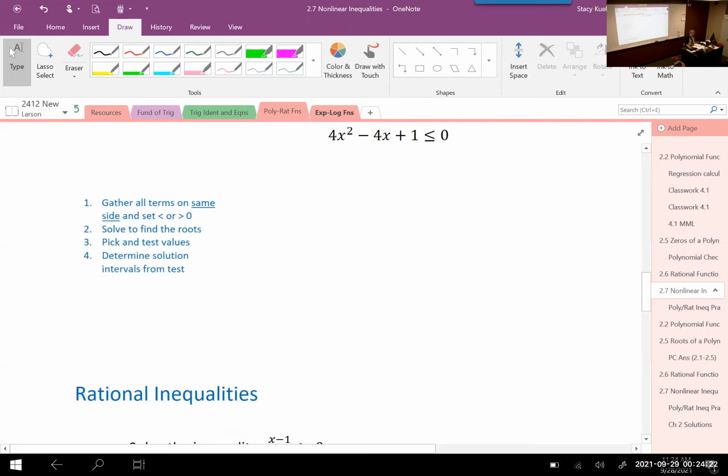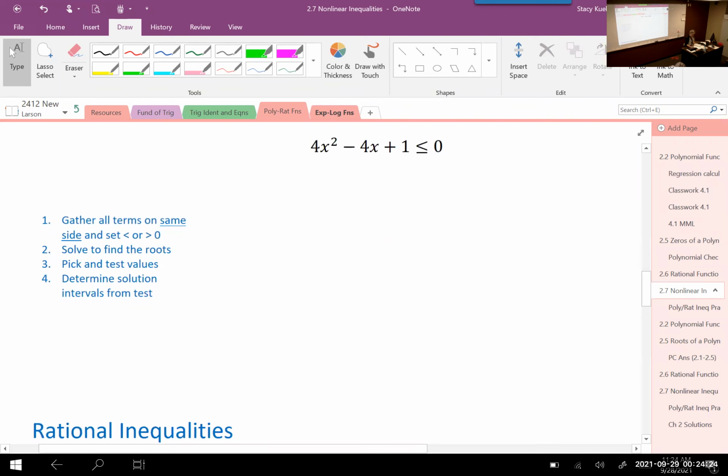Change this, however. Change this to be just less than, no equals to, just less than.